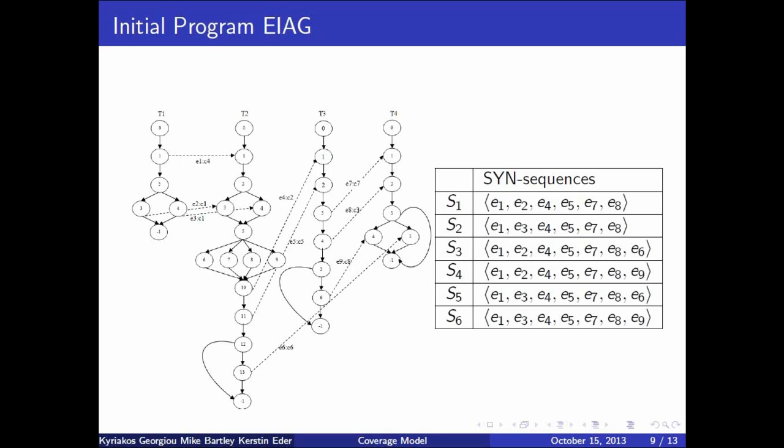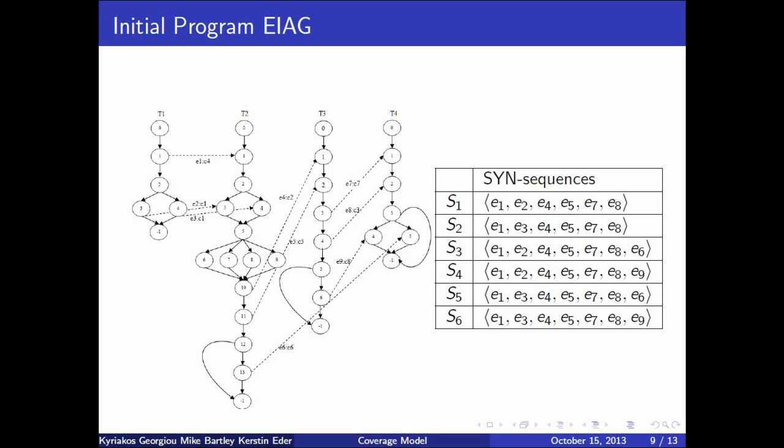So here we can see the initial version of the program without any bugs, and on the left side is the event interaction graph. We can see that we have 4 threads, and there is a lot of communication going between those threads. And on the right side, we can see all the seen sequences which are valid, and they are specified by the communication protocol of the program.